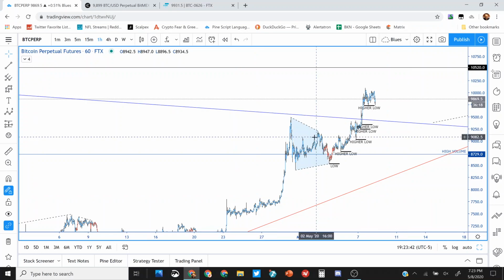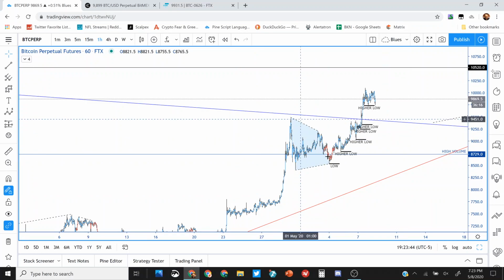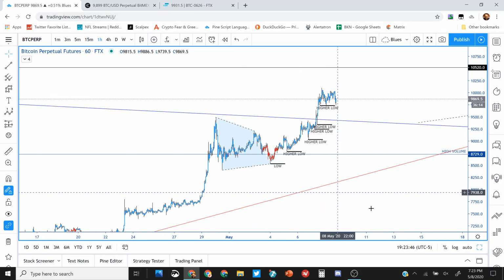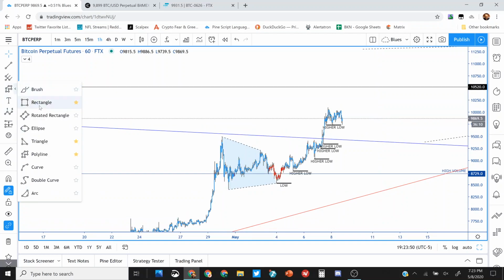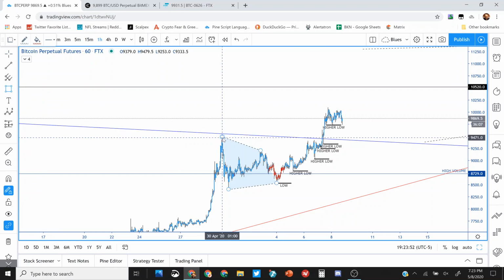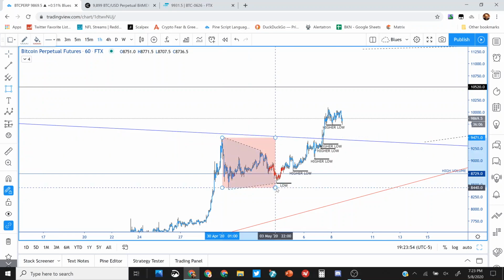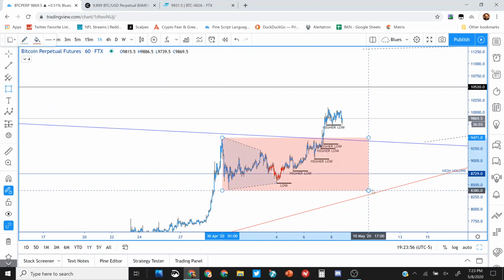But if we're going to project out of this correction that I just showed you, how high would we expect to come out of this correction? Well, at minimum, bare minimum, we should expect a 1x expansion.